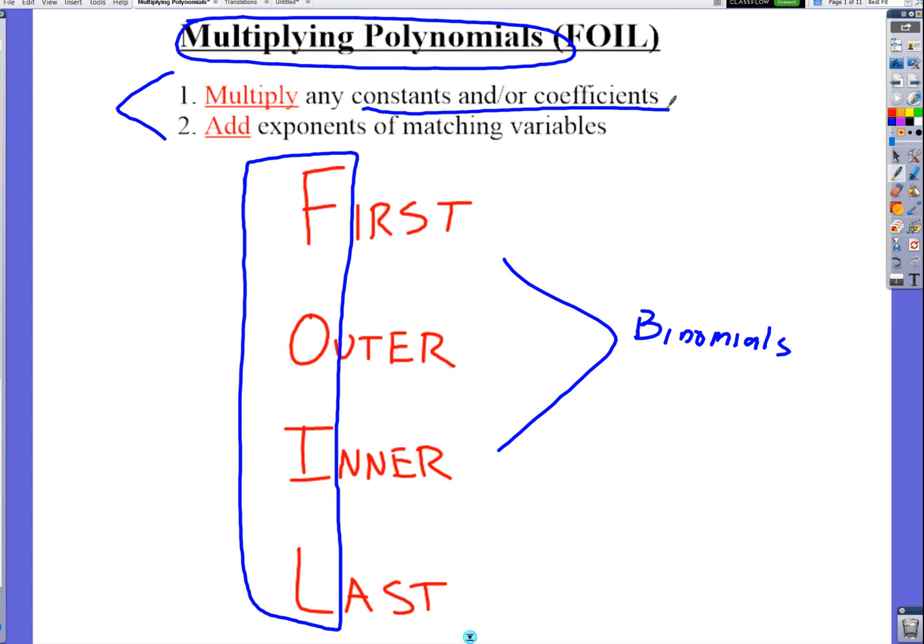What got added and subtracted? Somebody said it. The coefficients. Same thing that's underlined there. What happened to the variables? Nothing. Yesterday, nothing happened to the variables. X squares got added with x squares, and they stayed as x squares. X's got added with x's, and they stayed as x's. So the adding and subtracting took place in the constants and coefficients.